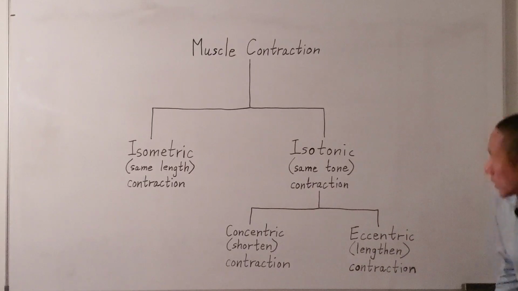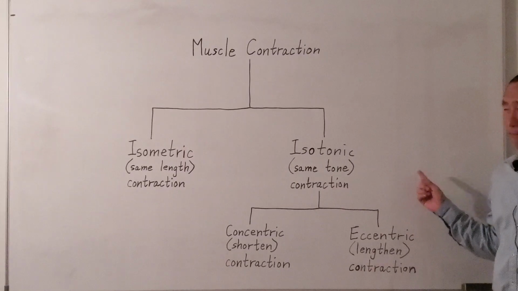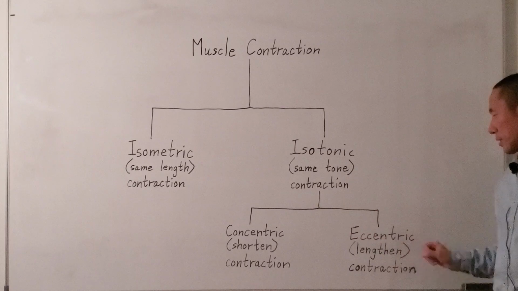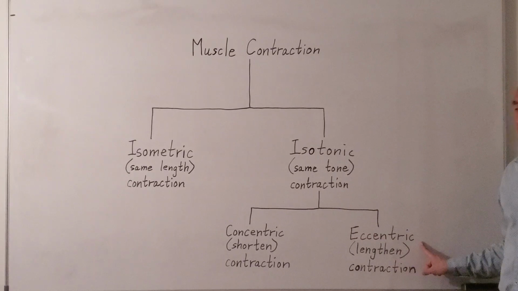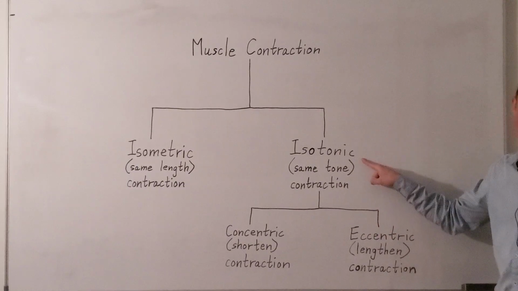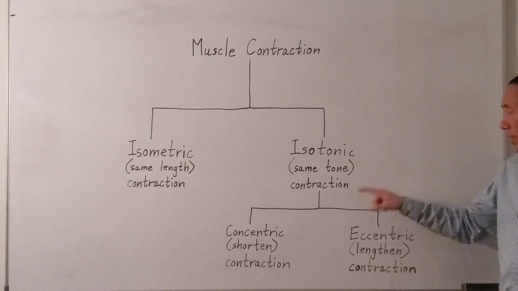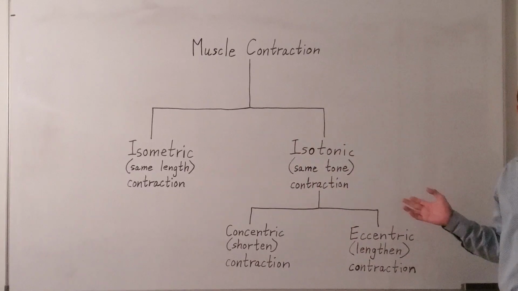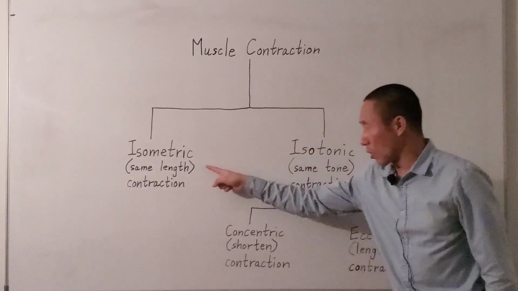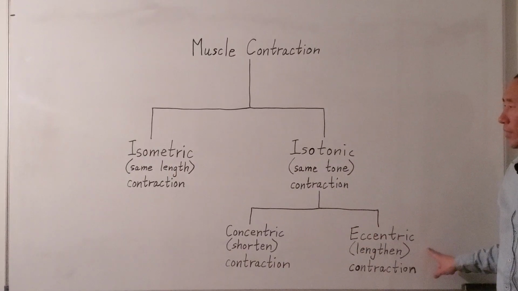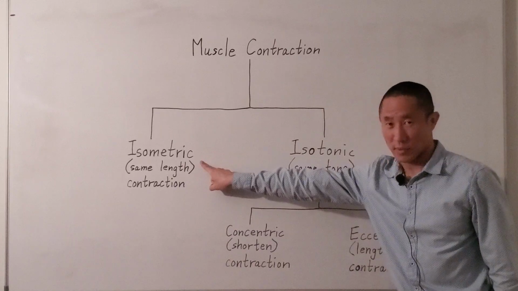Okay, so keep in mind, don't forget that when we talk about concentric and eccentric contraction, they are types of isotonic contraction. They are not isometric contraction. And how can we tell? Just by the name alone, we can tell that concentric contraction and eccentric contraction are not examples of isometric contraction.